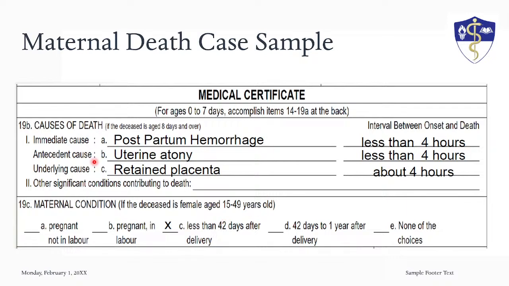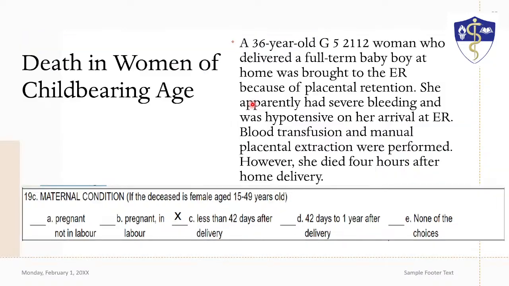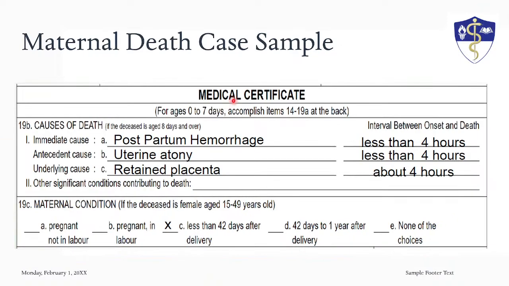Immediate cause, postpartum hemorrhage. Less than 4 hours. It's noted, diba? Patient has postpartum hemorrhage. Ah, it's not mentioned. Okay, so it's not mentioned in here, but the severe bleeding, you place it there, less than 4 hours. Actually, pwede siyang umangat lahat.